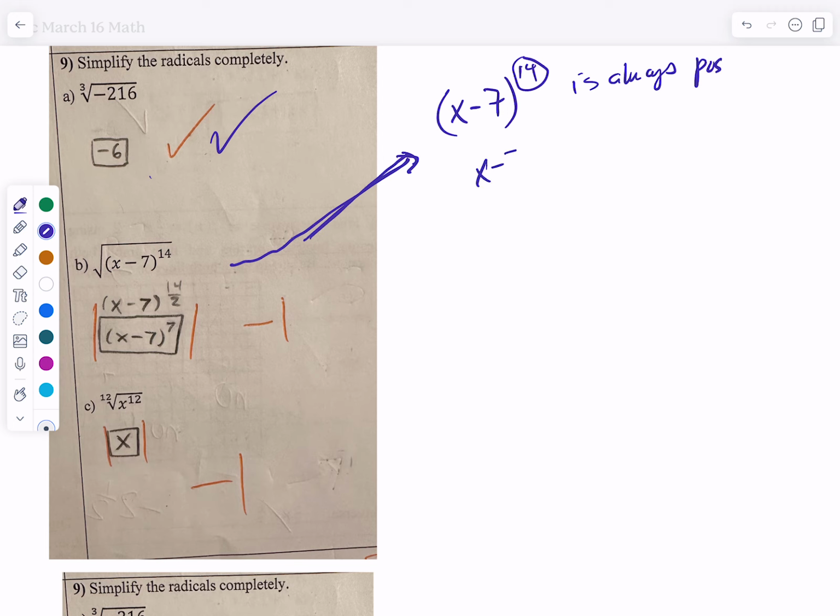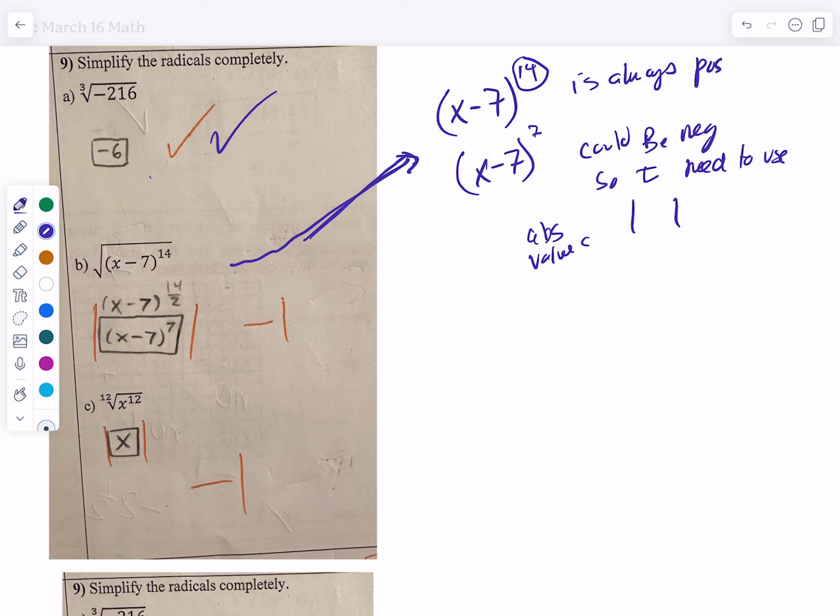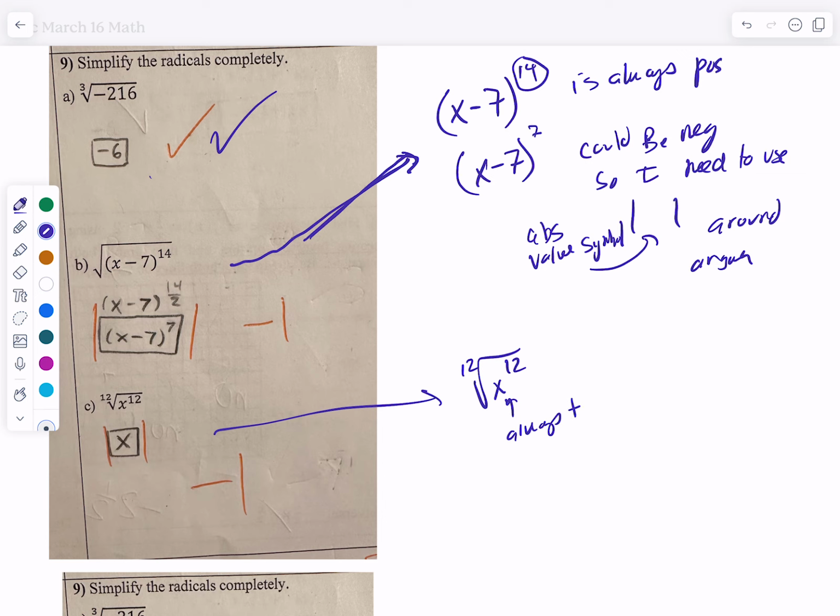But x minus 7 to the 7th could be negative, so I need to use the absolute value symbol around the answer. Same here. The 12th root of x squared is always positive, so the answer is kind of x, but no, I have to put an absolute value.